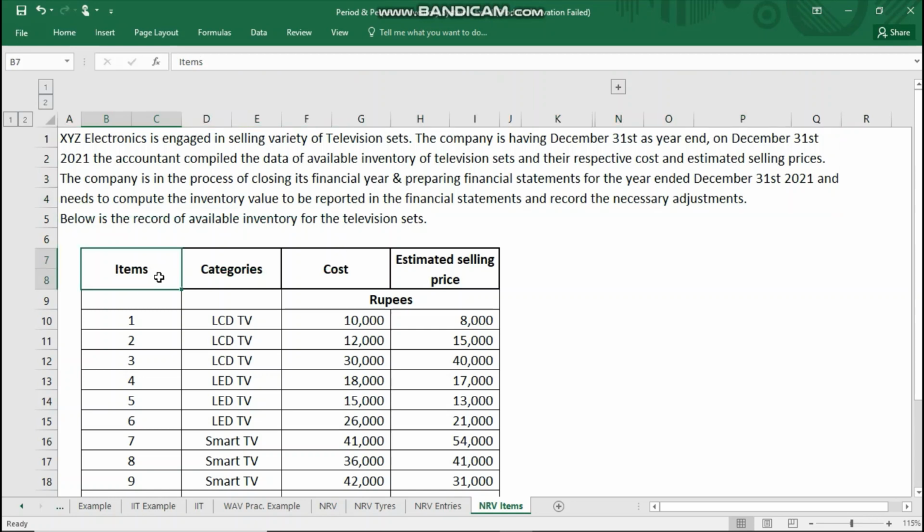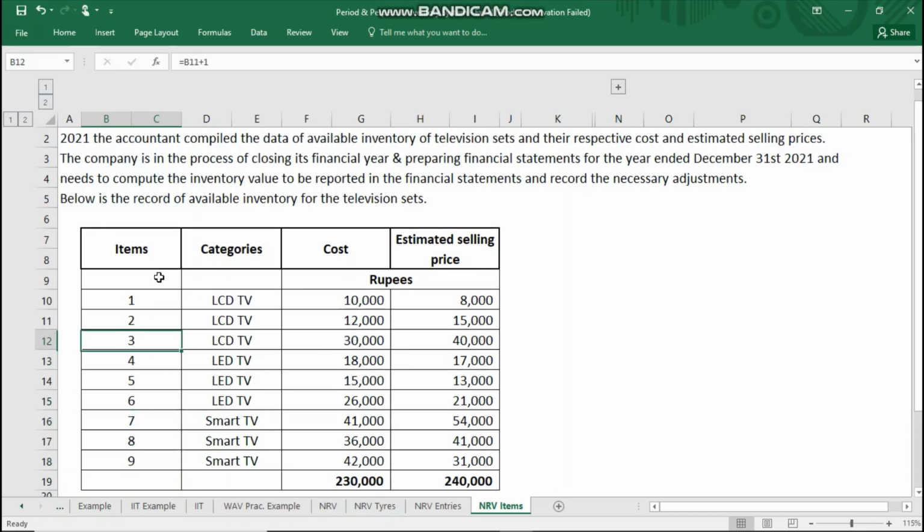So there are some items given in the inventory. It seems that there are 9 items in the inventory, and there are categories of those inventory items. Like I can see the first category can be LCD TV, the second category can be LED TV, and the third one is the smart TV.